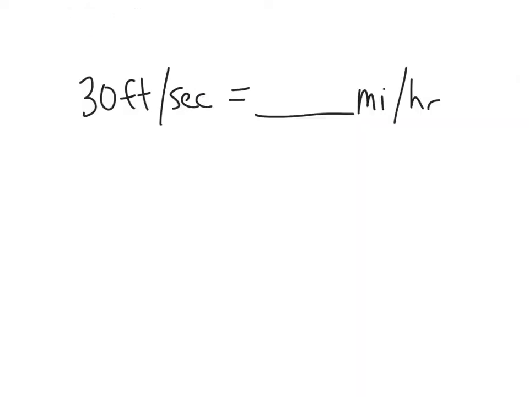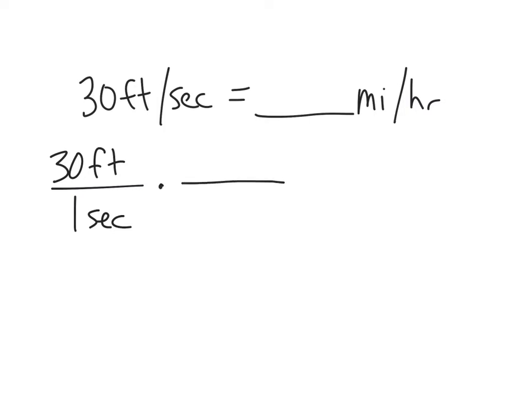Something else they can have us do is a conversion where we have 2 units and maybe both of them need to be changed. If you have 30 feet per second, that's 30 feet in 1 second, and we're trying to change this into miles per hour. There's a couple ways we can do this.